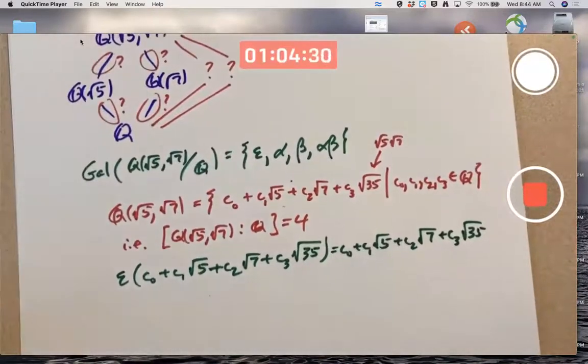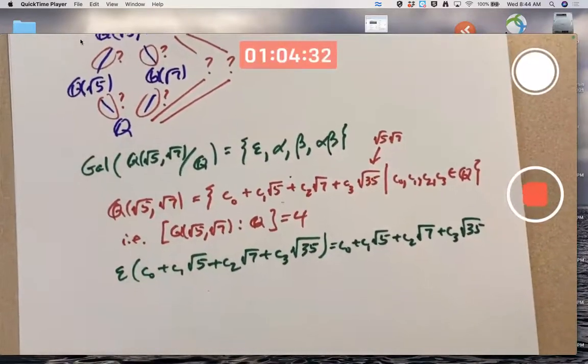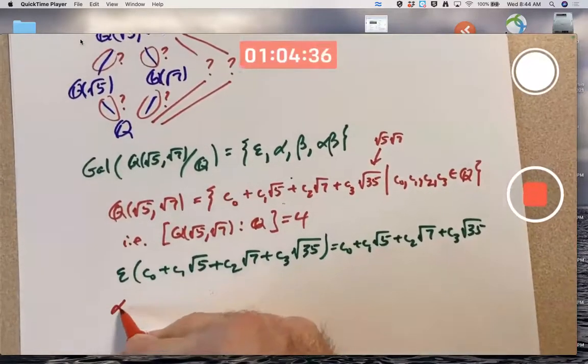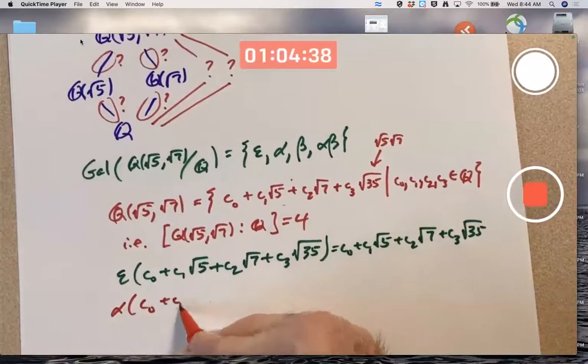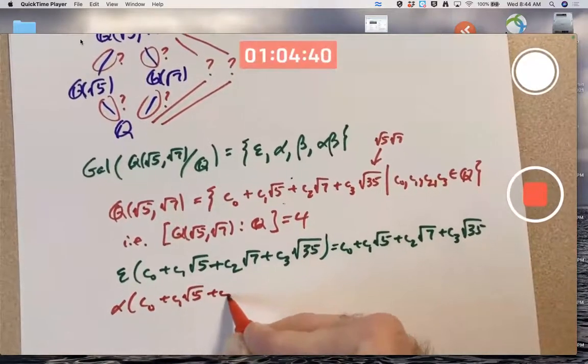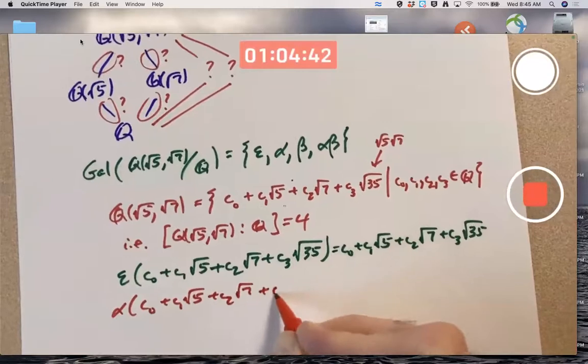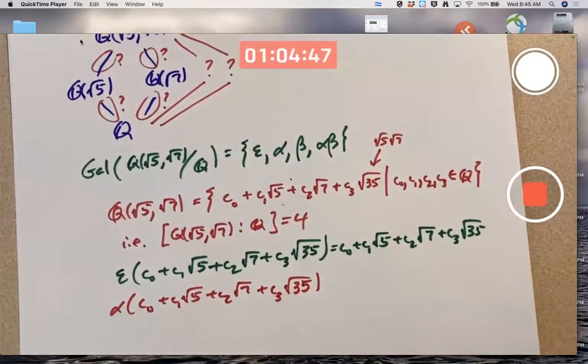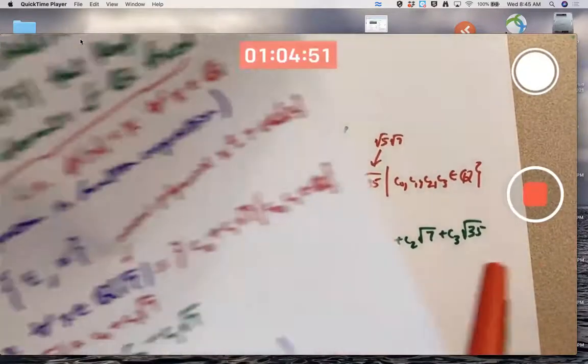What about these other mappings? What's alpha of an arbitrary element? Just like in the previous example, we have this calculation here.